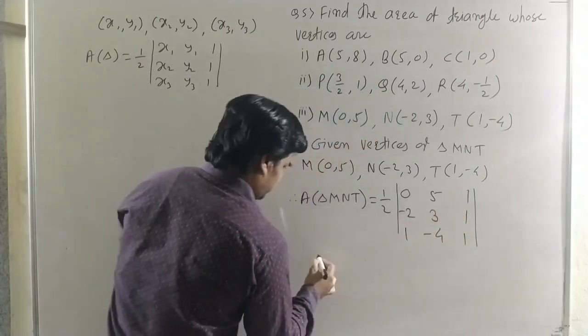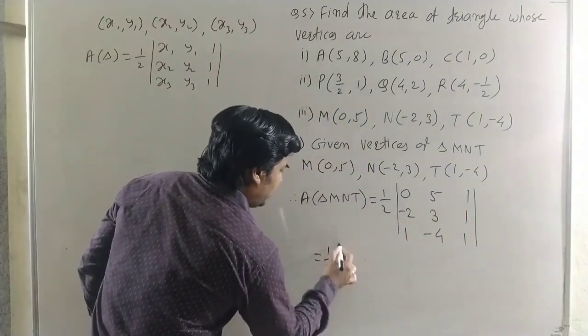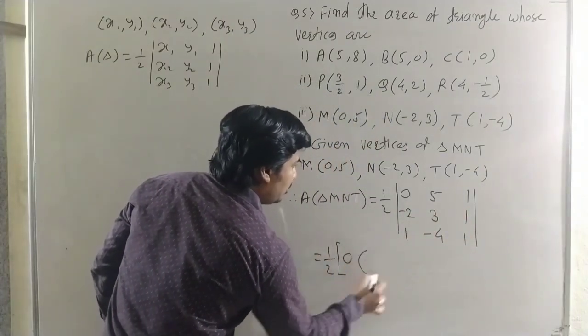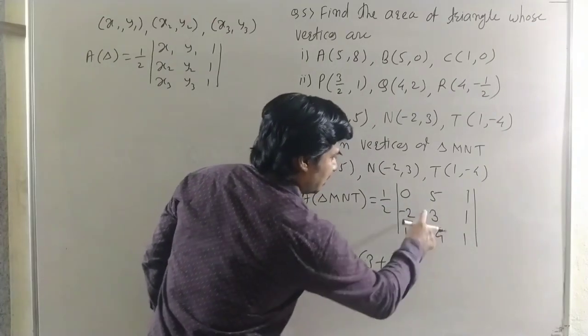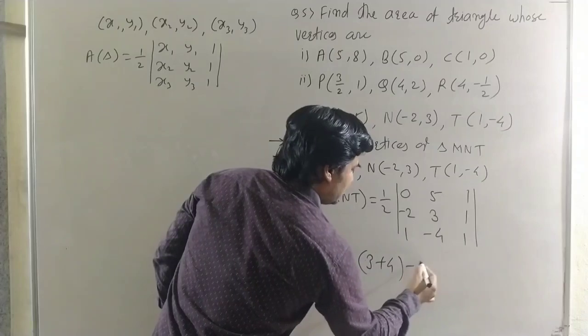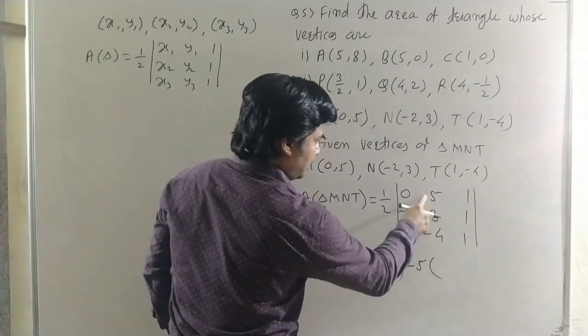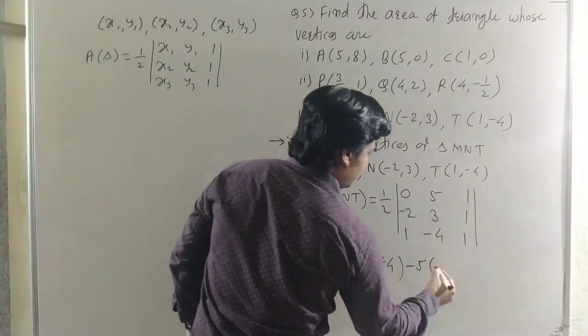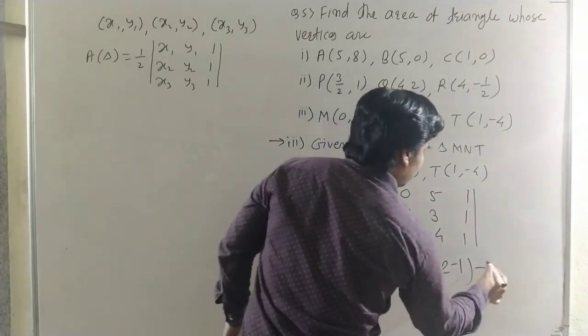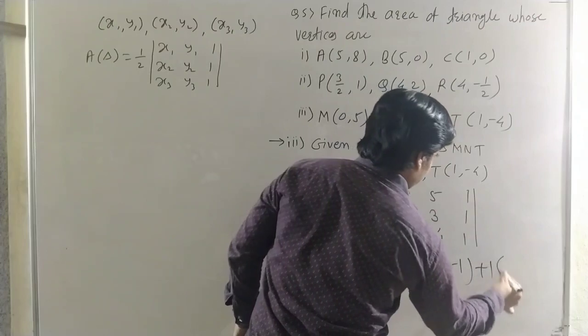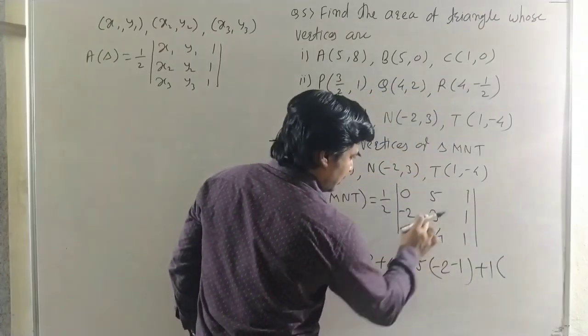Now calculate: 1 by 2 into 0 into (3 plus 4), plus 4. Change the sign of the middle term: minus 5 into (-2 minus 1), and the third number is as it is, 1, so plus (8 minus 3).